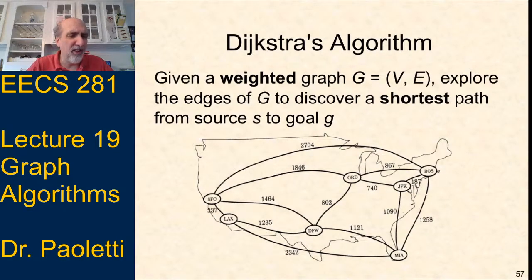And the restriction isn't a huge one. The restriction is just that there can't be any negative edge weights. That makes sense. If there was a plane trip from Ann Arbor to Detroit and they paid you money to do it, lots of people would be taking that flight. So generally that doesn't happen in the real world, so it's not going to be a terrible restriction on Dijkstra's algorithm.